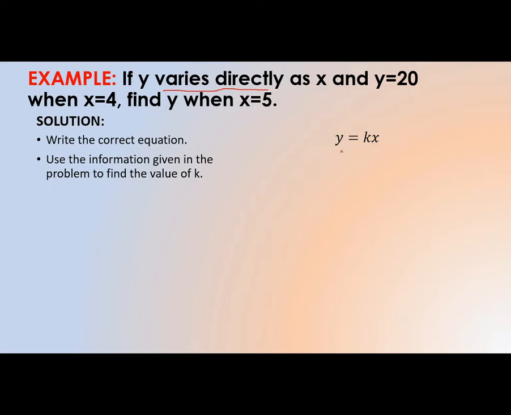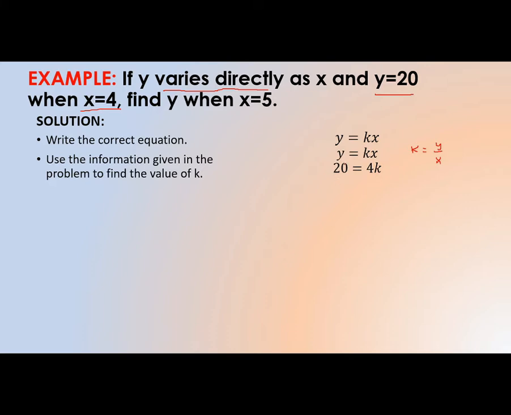Next thing to do is use the information given to find the value of k. Since we have y equals 20 and x equals 4, we can find k, which, we all know, is k equals y over x.